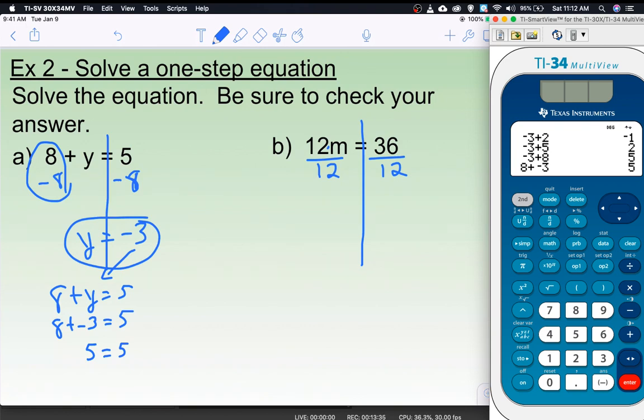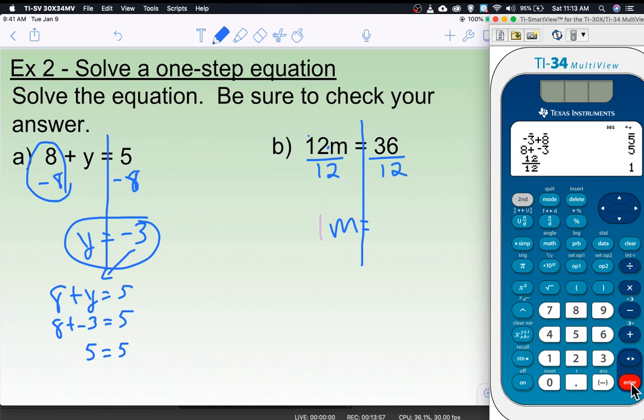So when I divide by 12 here, 12 divided by 12 cancels. Little secret, it doesn't actually cancel. We know for a fact that when you take 12 divided by 12, or put 12 over 12 as a fraction, it equals 1. This really becomes a 1m.